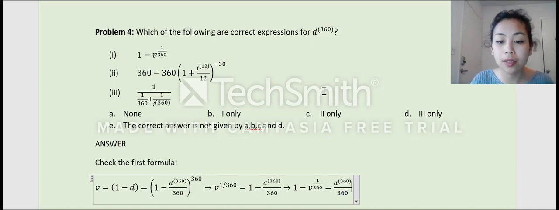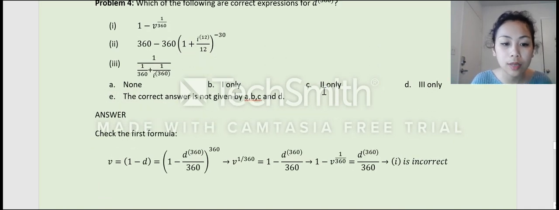So this is completely different from d^(360), leading to the first formula being incorrect.